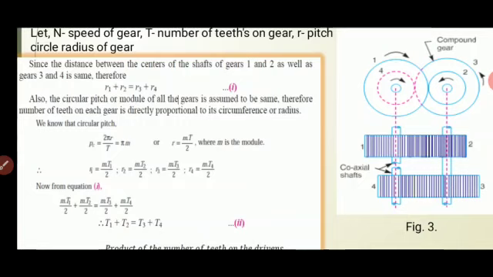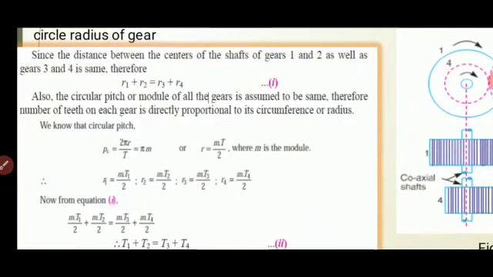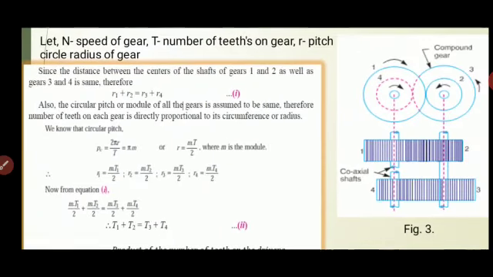Since the center distance of gears 1 and 2 and of gears 3 and 4 is the same, we can write R1 plus R2 is equal to R3 plus R4. For most meshing gears, the module is assumed to be the same, and the circular pitch is also assumed to be the same. Therefore, the number of teeth on each gear is directly proportional to the circumference or radius.